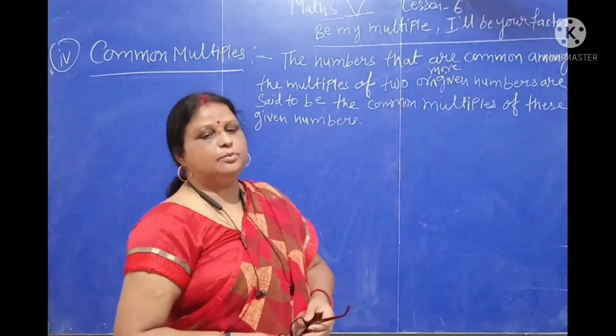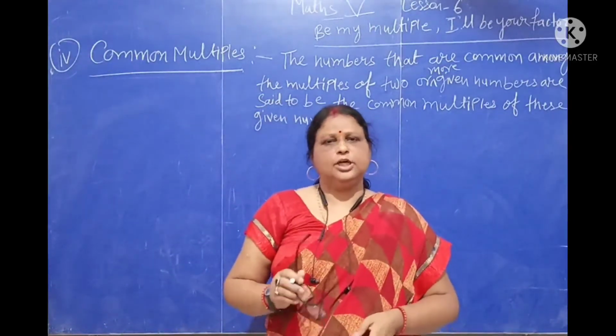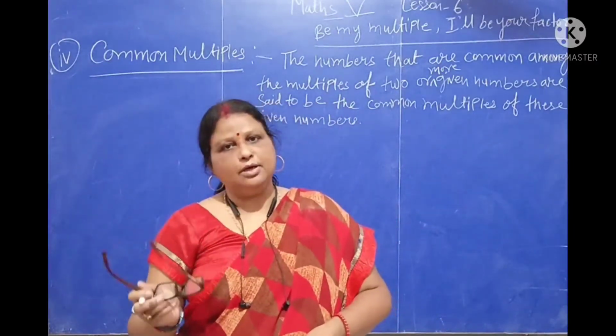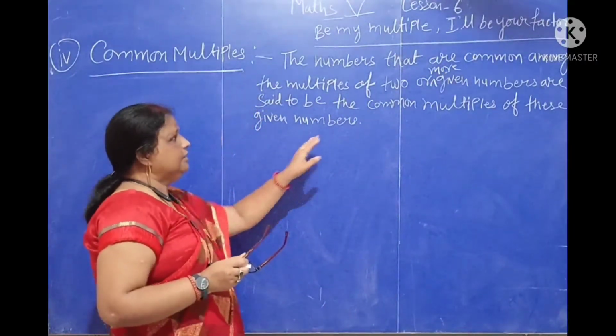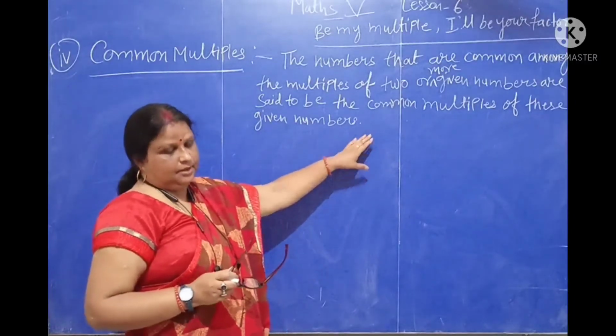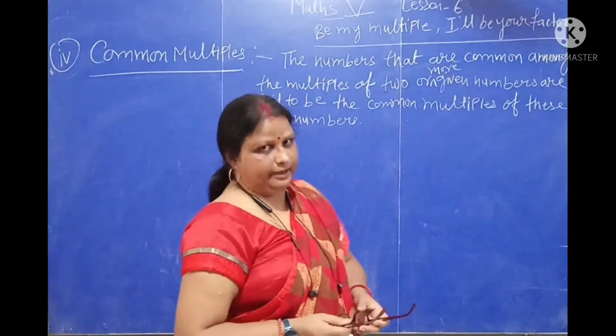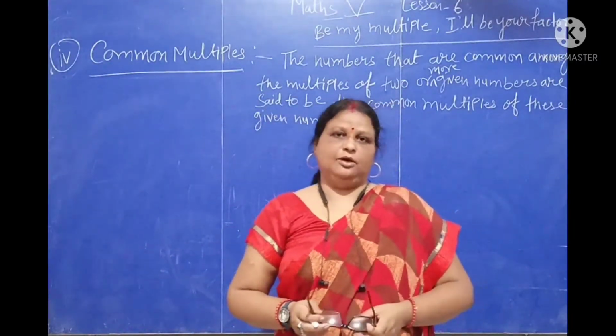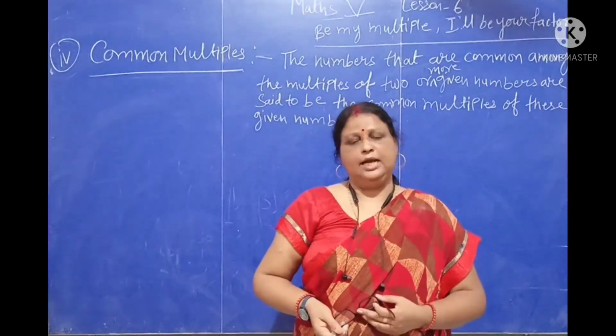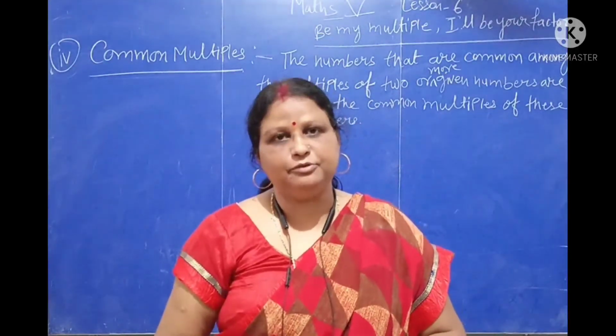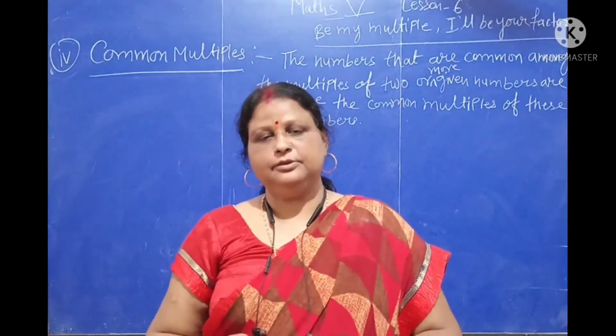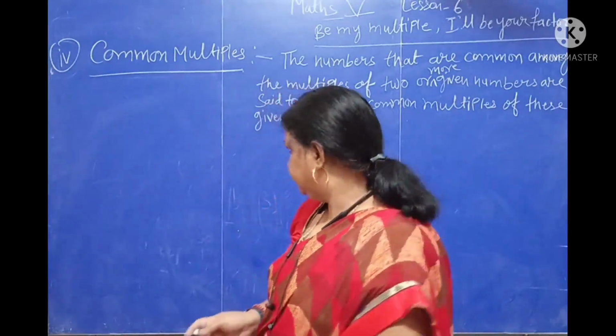It means if you want to find the common multiples of 3 and 5, you have to find the multiples that are common to 3 and 5.